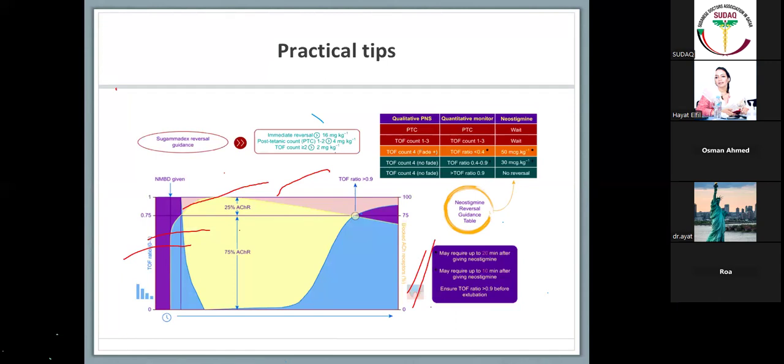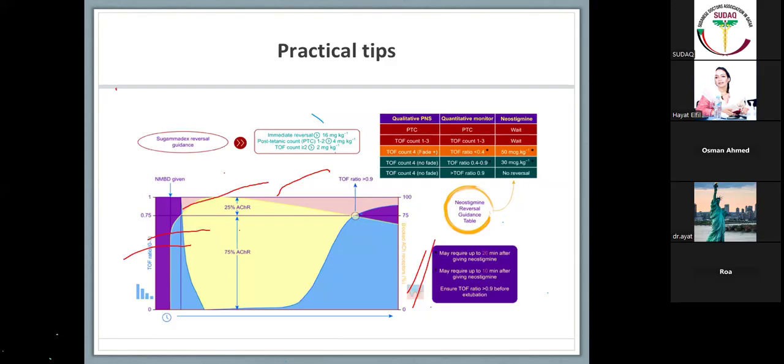So we are coming to the conclusion, but some practical tips really in the reversal agents: you have to know about the kinetics of the muscle relaxant in relation to the nerve stimulation or train of 4.